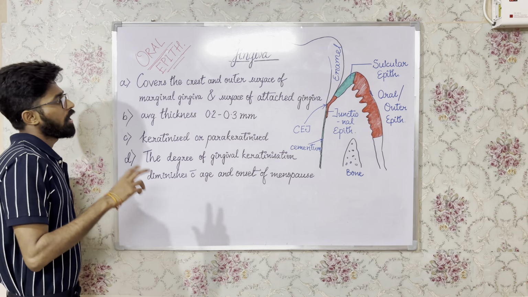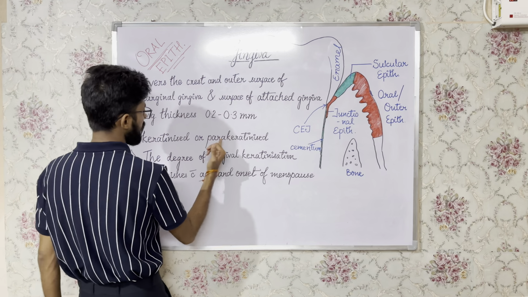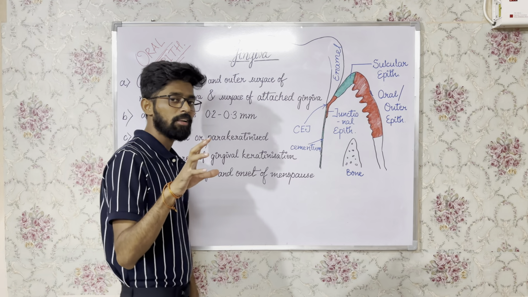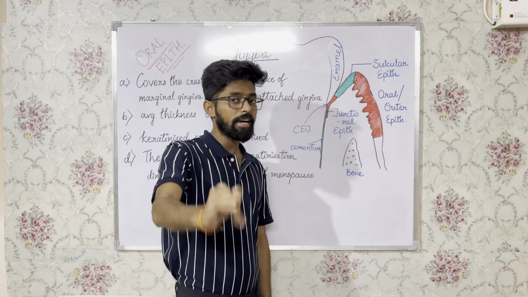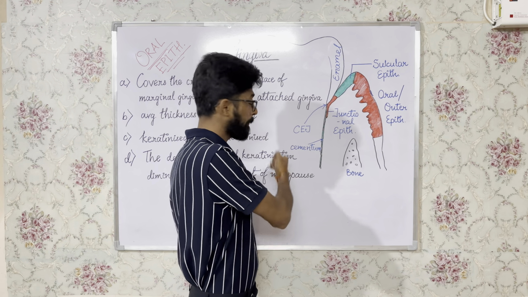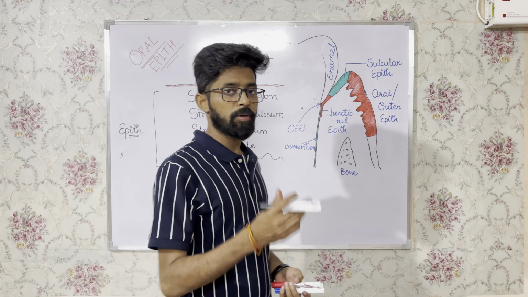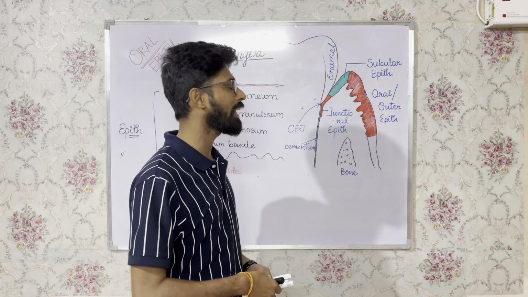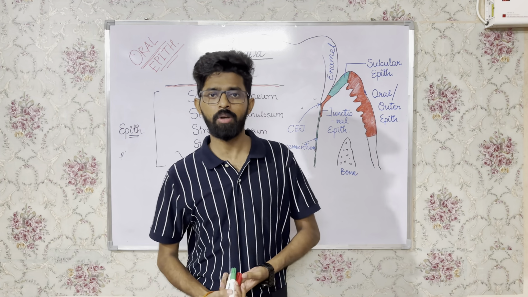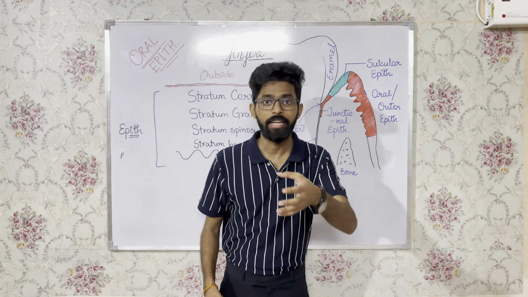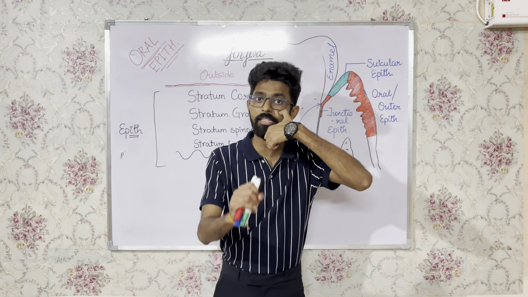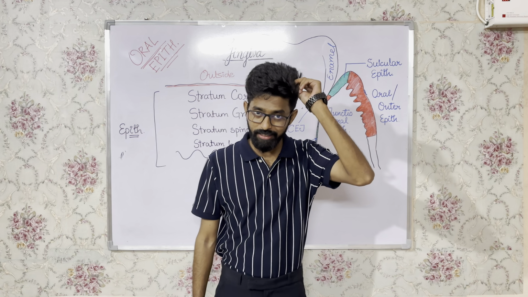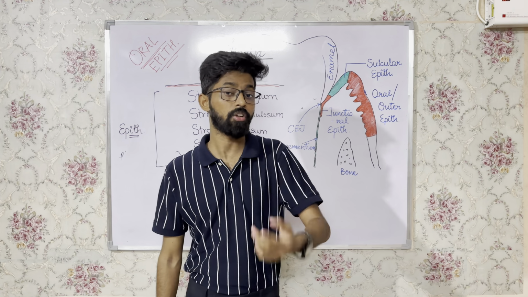Now we will come to this term, what is parakeratinized first of all, and before that we will quickly recap the layers of the epithelium. I was talking about keratinization. This term keratinization is nothing but the process of deposition of keratin in the superficial layers of various epidermal structures, like hair, skin, nails.